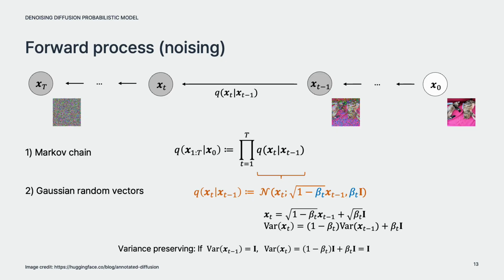Another important characteristic of DDPM is a so-called variance preserving property. This means that if the variance of xt minus 1 is identity, then the variance of xt is also identity. Later in this talk, you will see how we normalize the images, so the pixels, to align with the standard Gaussian.